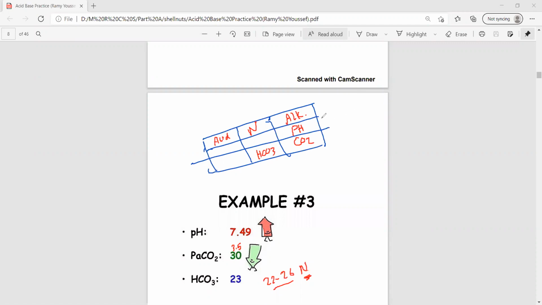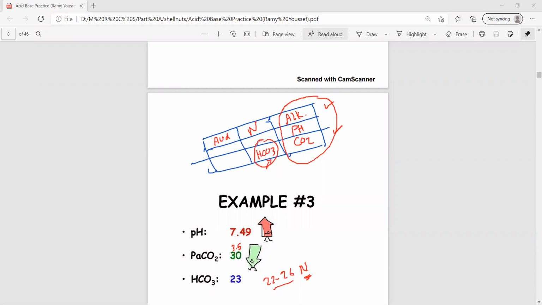First of all, it is alkalosis. Respiratory or metabolic? It's a respiratory alkalosis. Compensated or not compensated? Not compensated, because the bicarbonate is normal.